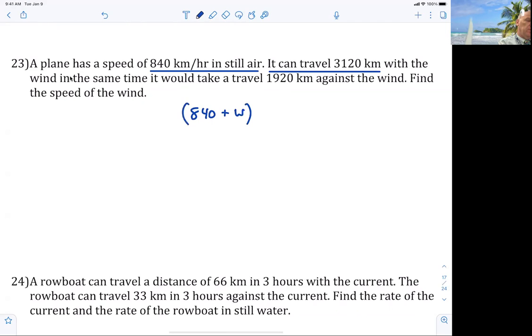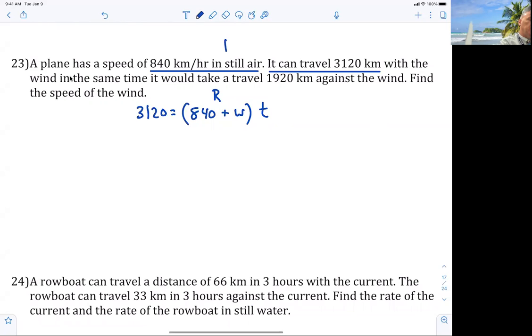Do you agree? So that's rate. It can travel 3,120. So 3,120 equals. Now, do I know how much time it's going to take me? So there we have it.